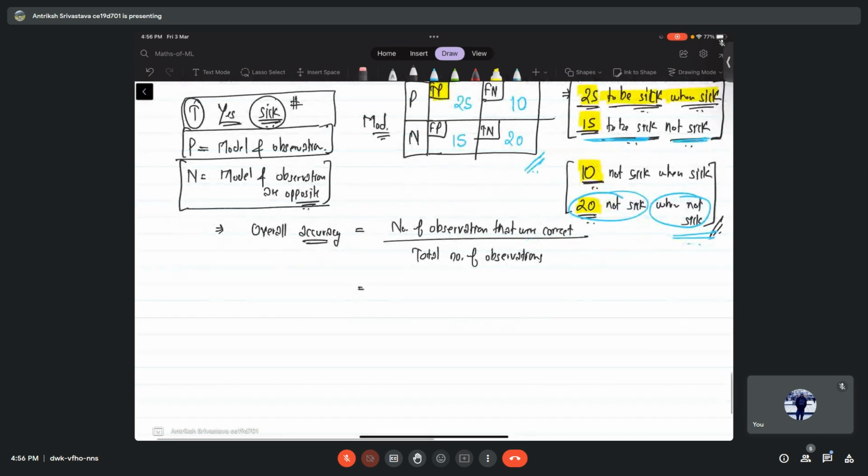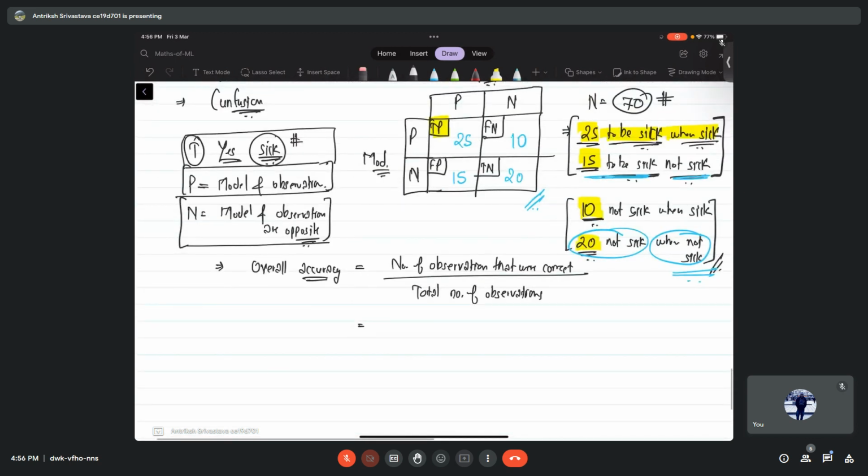So you can calculate the total or overall accuracy: it is going to be true positive plus true negative divided by false positive plus false negative plus true positive plus true negative.